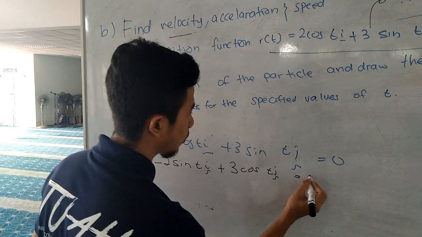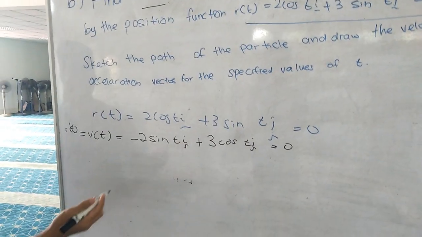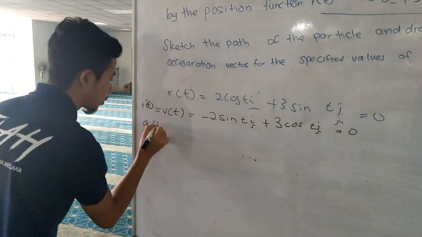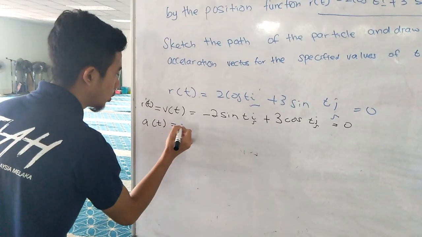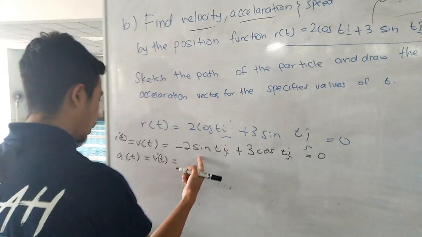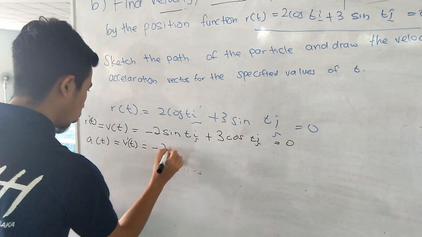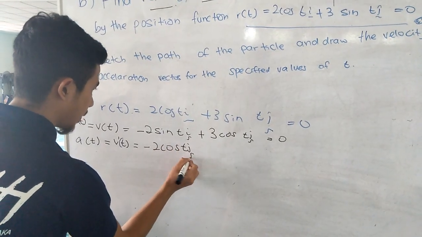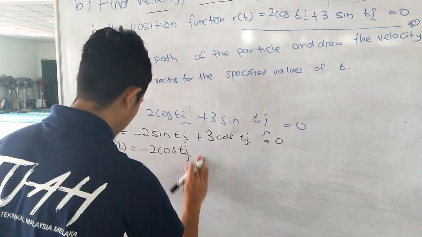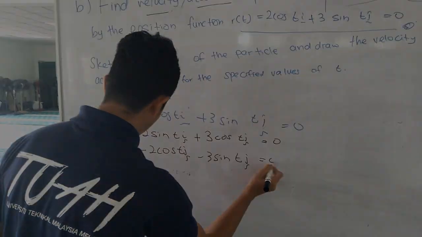t j plus 0 k. The next question asks us to find the acceleration. How do you find the acceleration? By differentiating this v(t). So it is equal to negative 2 cos t i, and for the 3 cos t j, if you differentiate, we get negative 3 sin t j, plus 0 k.